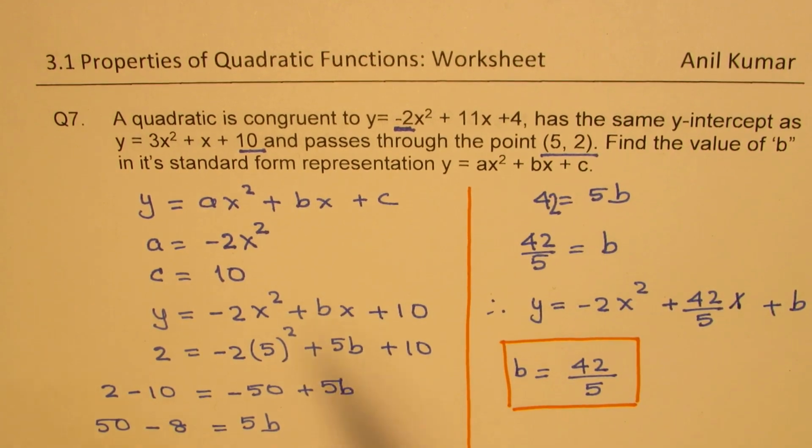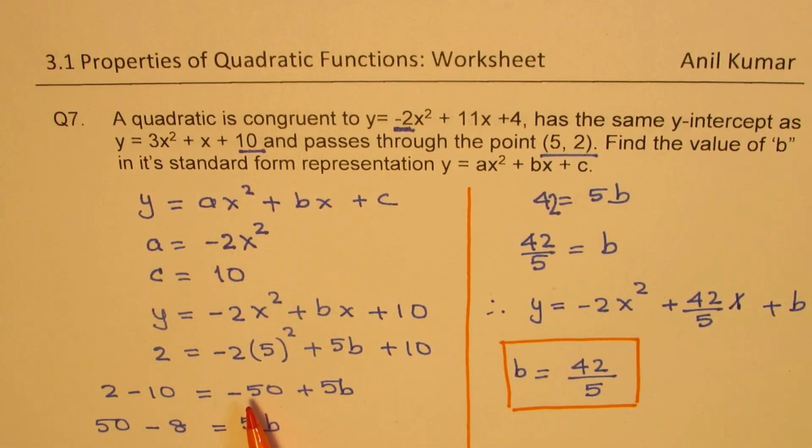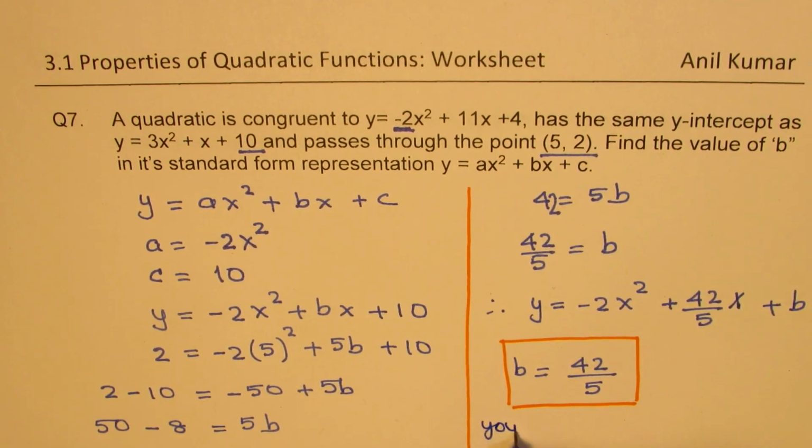Now we could have done this with a equals plus 2x squared also, right? So in that case, we could have another value of b. That is also possible. So this is definitely one of the solutions. The other one you could try is with a equals 2, right?